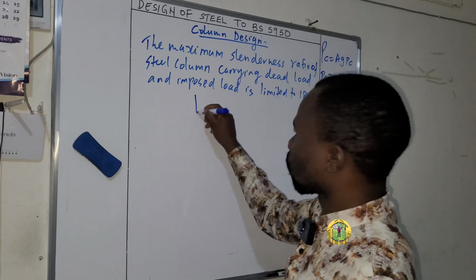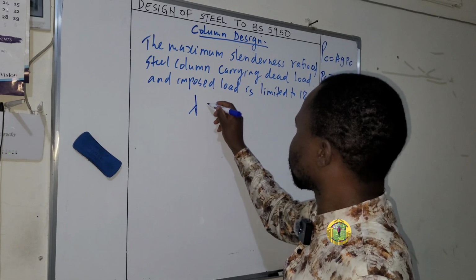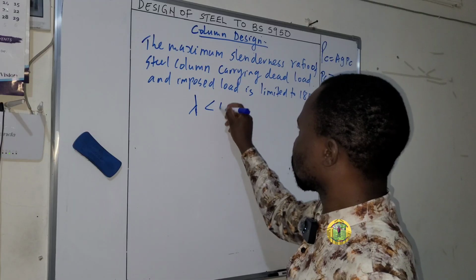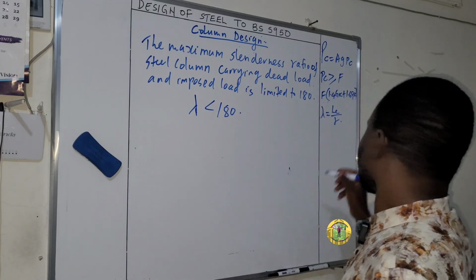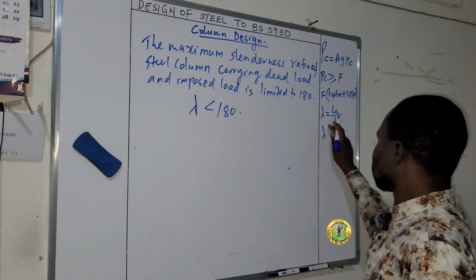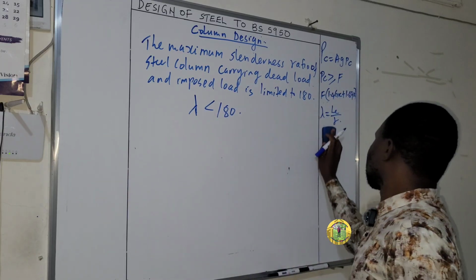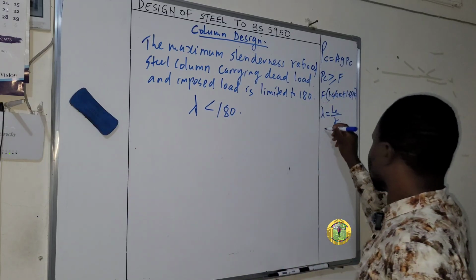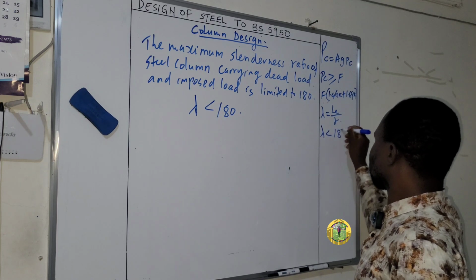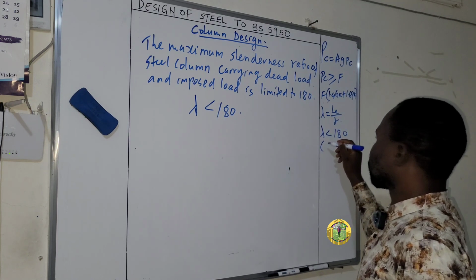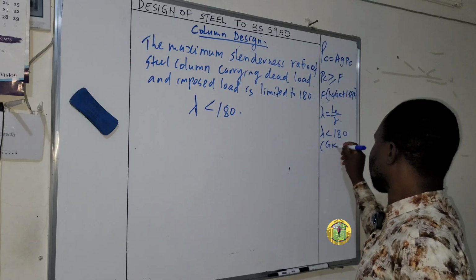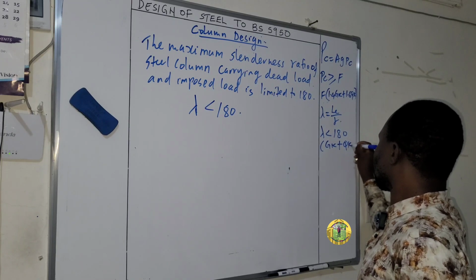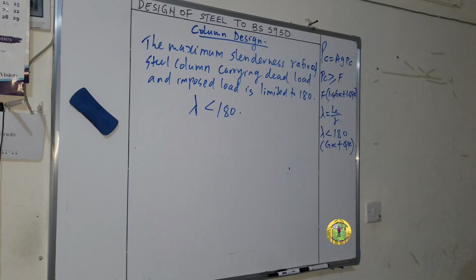So mathematically, slenderness ratio must be less than 180. So this is for a steel column carrying GK and QK. But if you include what we call the wind load, then we will have a different case.